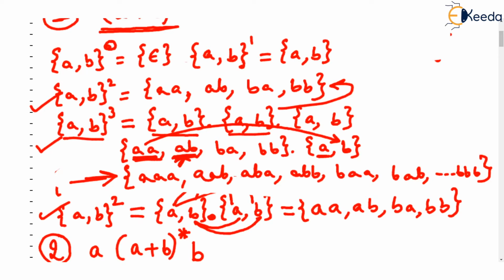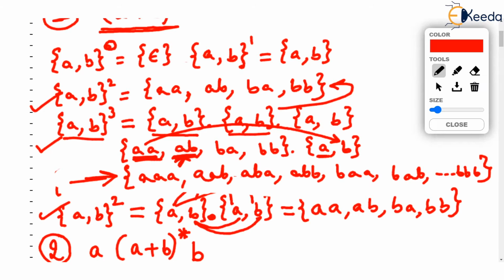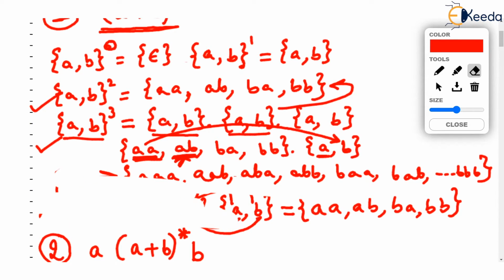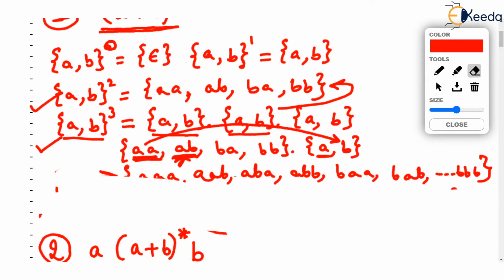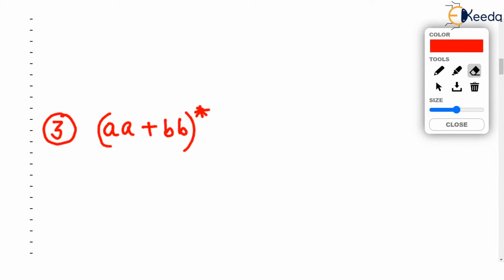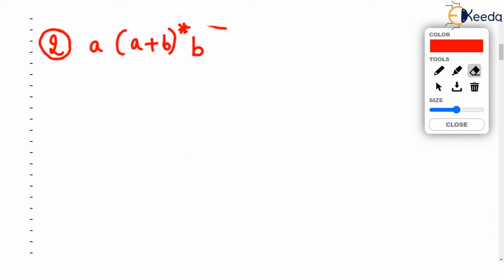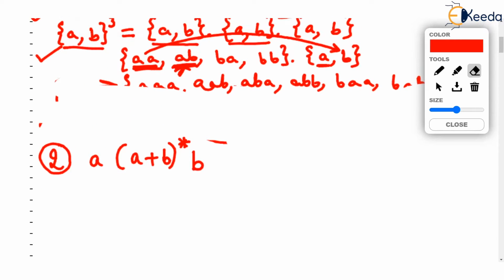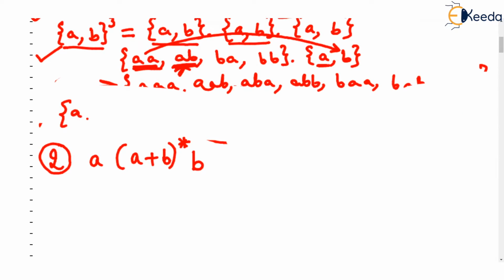Similarly, obviously {A, B} raised to i, where i is some power, will give us all possible strings made up of A, B of length i.